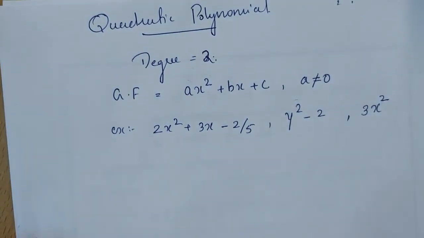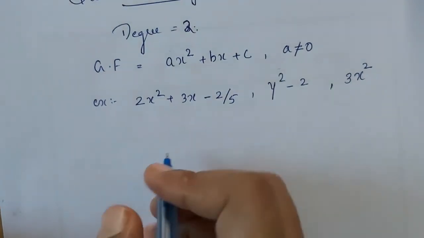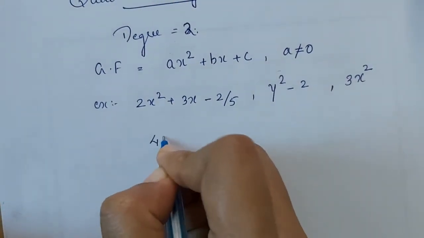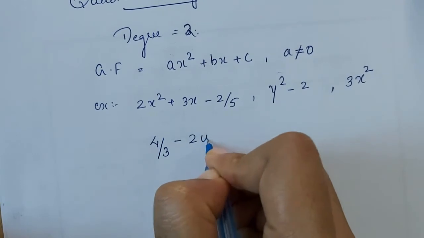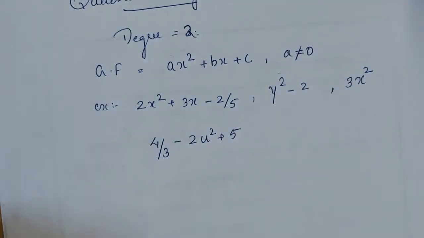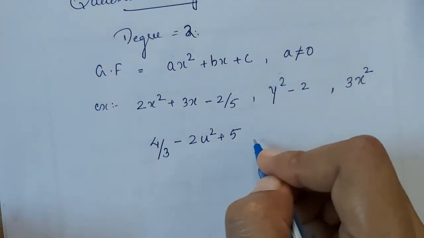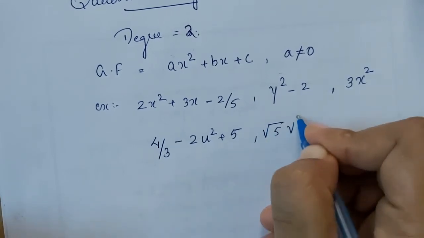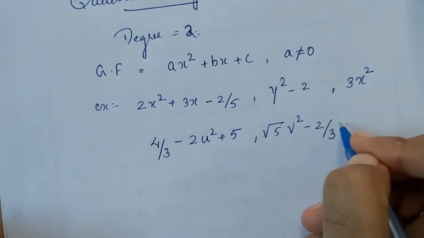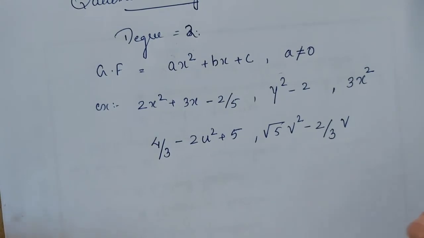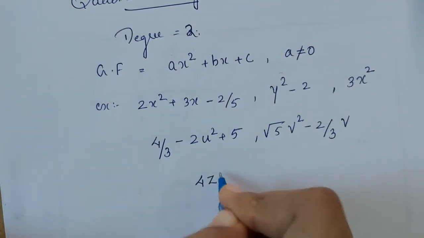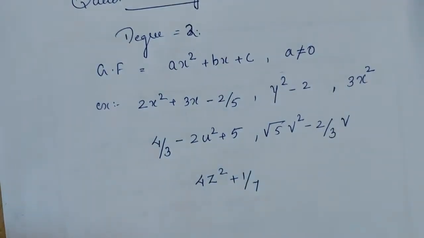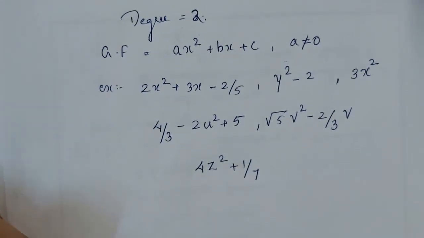This is also a quadratic polynomial. Another case, 4 by 3 minus 2u square plus 5. This is also a polynomial. Root 5 v square minus 2 by 3 v. 4z square plus 1 by 7. All these are quadratic polynomials.